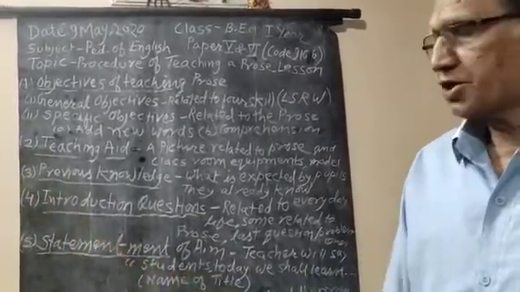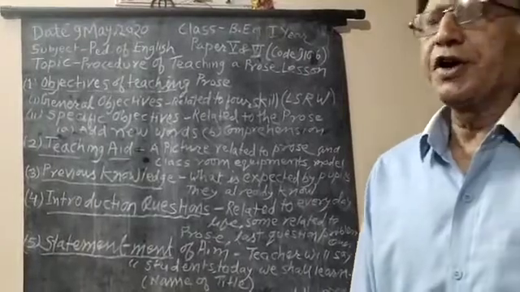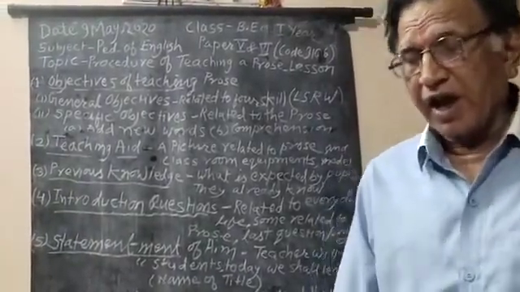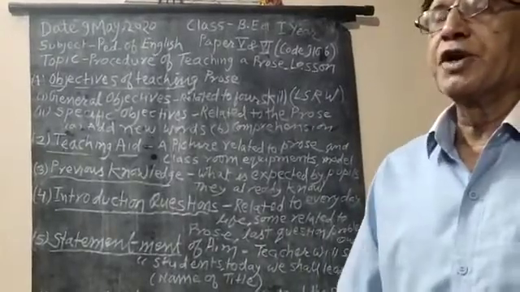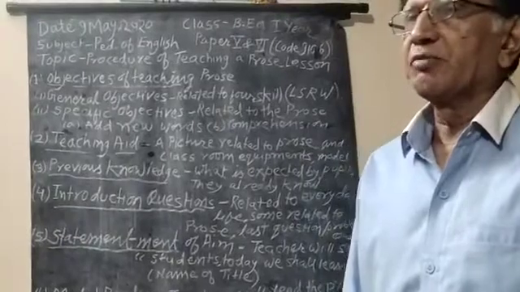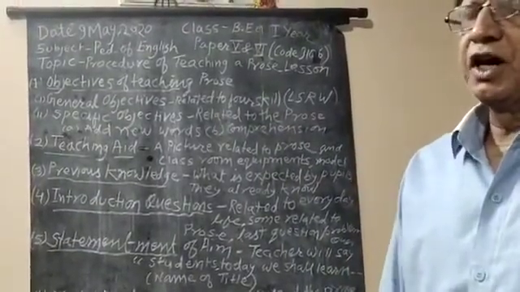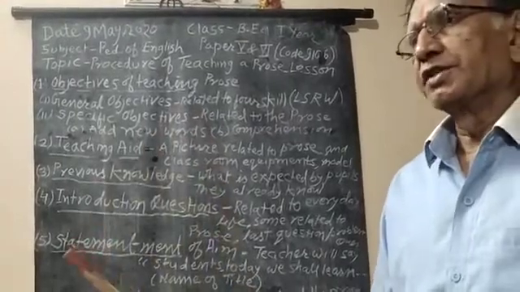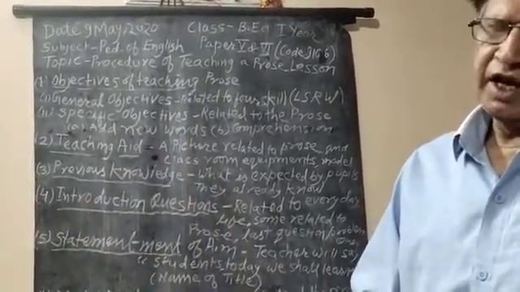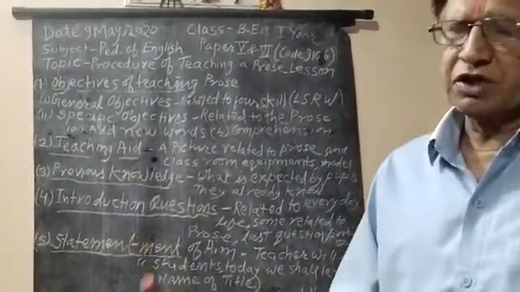And fourth question is introductory questions. Introductory questions should be very simple and related to day-to-day life. And their answer will come in only one word. And the answer of first question will be the question of second, and the answer of second question will be the question of third question.